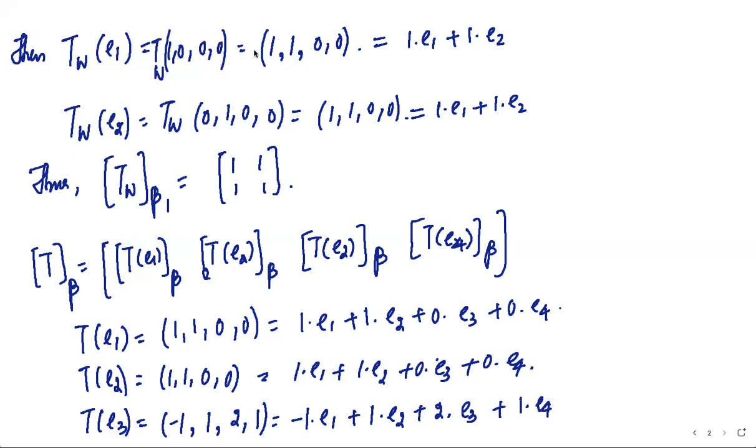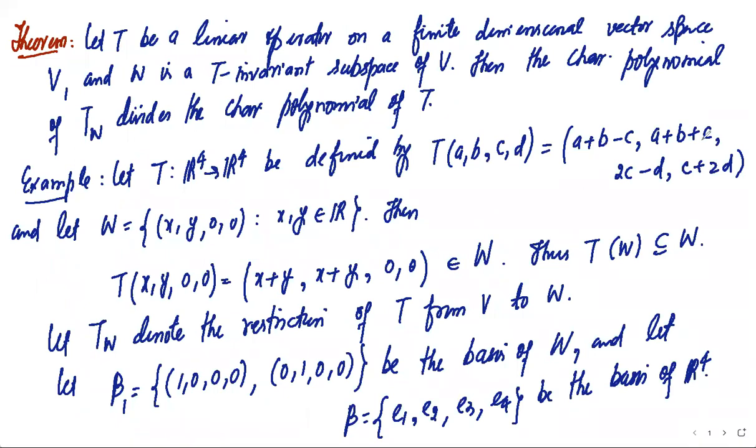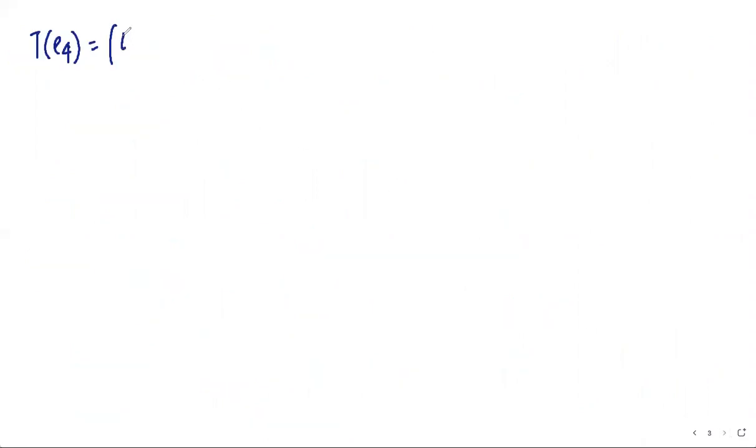And lastly, T of E4 is equal to (0, 0, -1, 2). So this can be written as 0 times E1, plus 0 times E2, minus 1 times E3, plus 2 times E4.